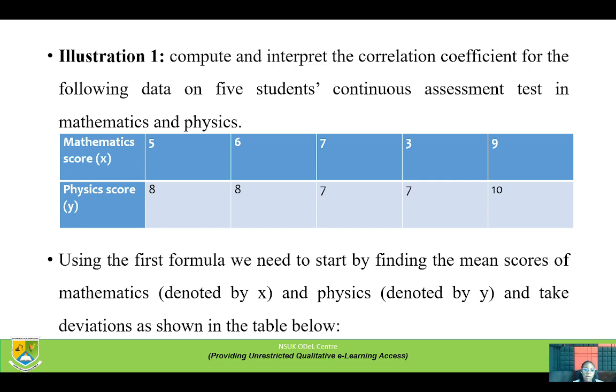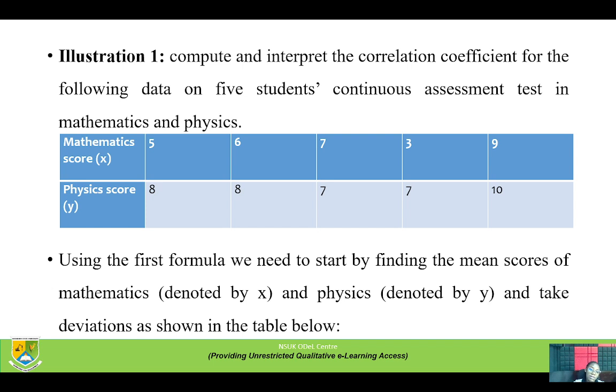Here is a numerical example. It says to compute and interpret the correlation coefficient for the following data on 5 students' continuous assessment tests in mathematics and physics.